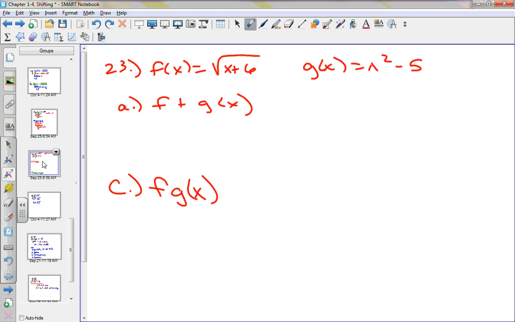Okay, now 23. For 23, it says given f of x and g of x, determine each of the following. So letter A, B, C, D, E, and F. They're all exactly the same functions. I'm going to do A, C, and E for you. So A says to do f plus g. What is f?